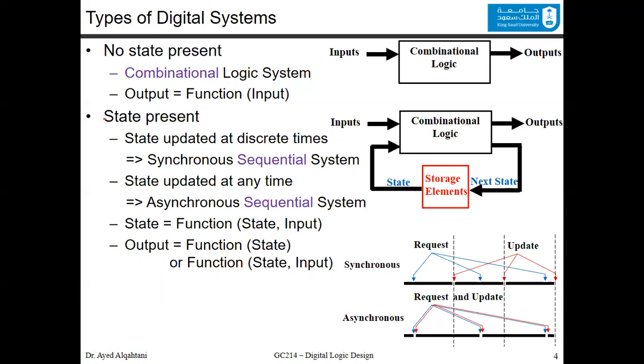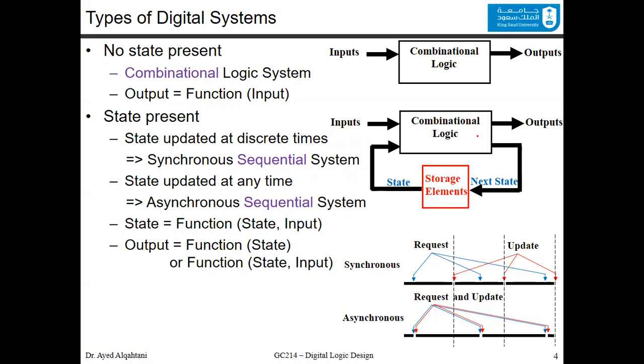The second type is when the state exists or is present. As you can see here, we have a combinational logic, as we described previously. We have inputs and outputs. Now we have what we call storage elements. They save the current state. So it gives the combinational logic the current state along with the inputs.